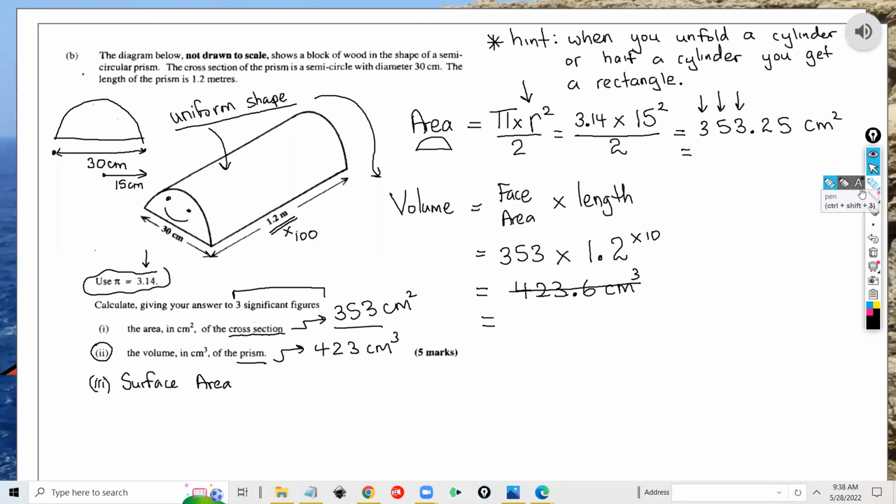We will get 42360 centimeters cubed. I'm going to update the answer here: 42360 centimeters cubed. All right, now given this answer, still about 8 people got it wrong. They didn't get my previous answer or this answer.